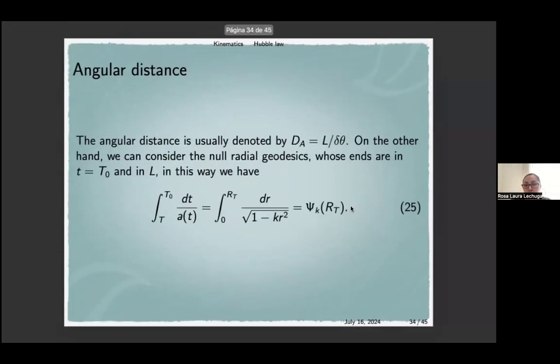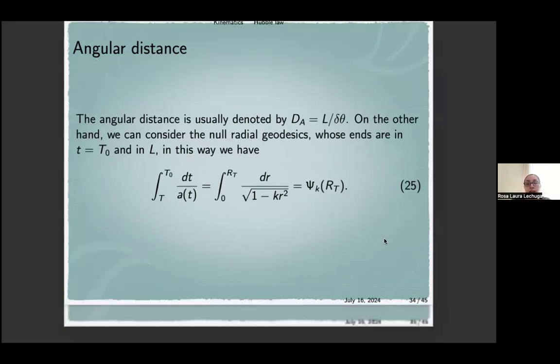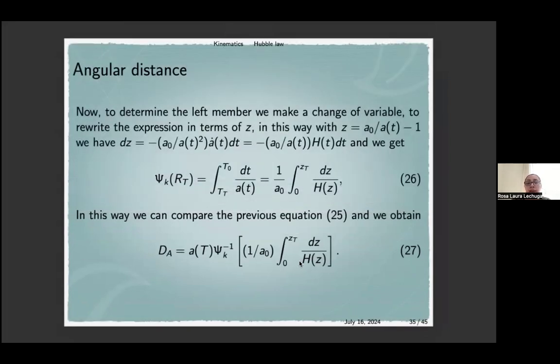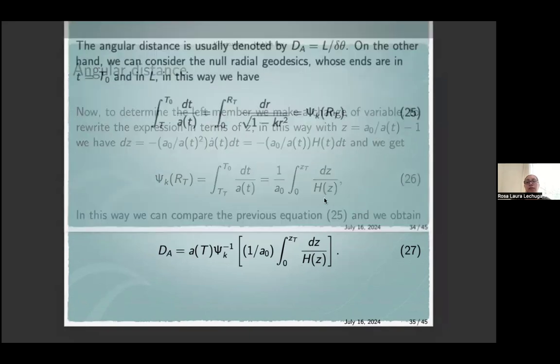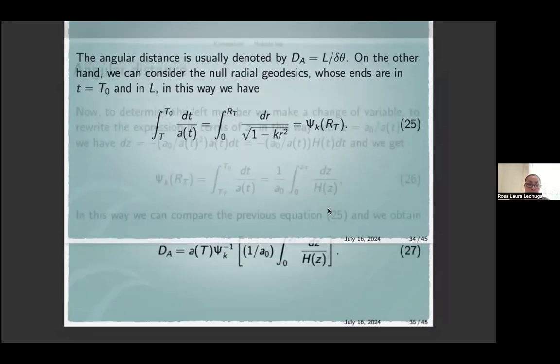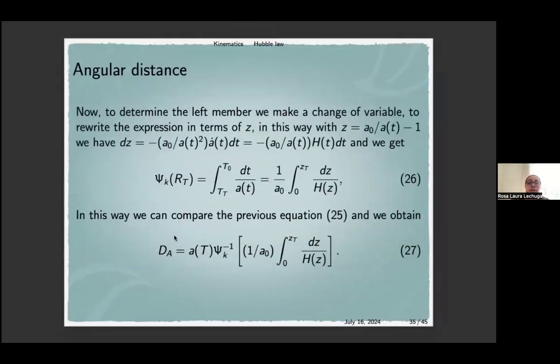So this first equality came from this expression. And then I write the angular distance in terms of this quantity. Here, this quantity depends on the Hubble radius, and also this angular distance depends on this size that depends on the Hubble radius.